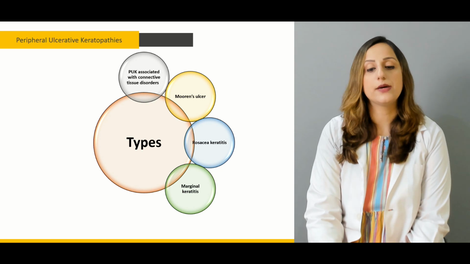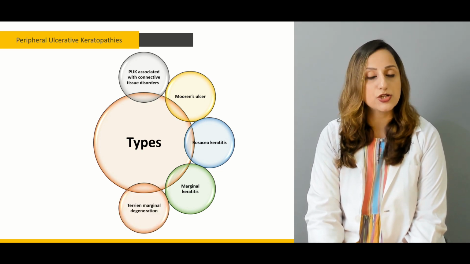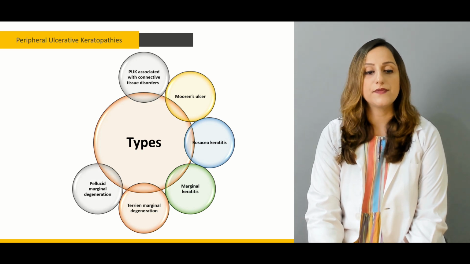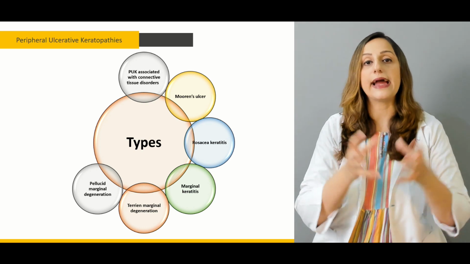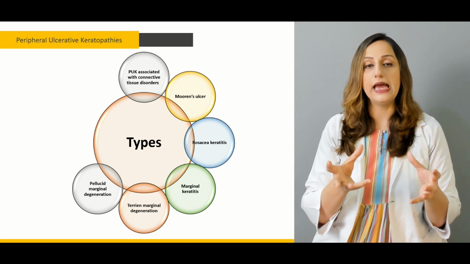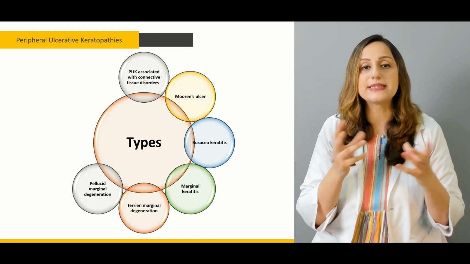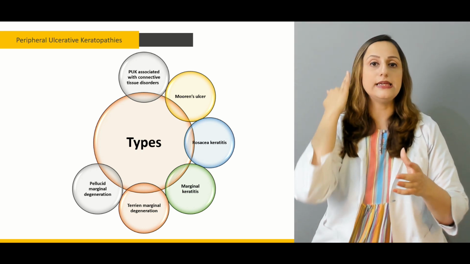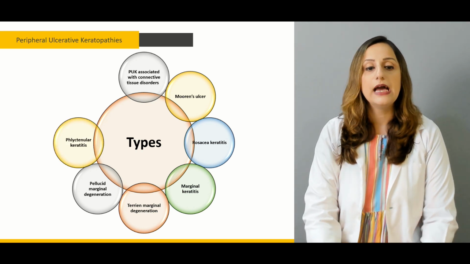Then we come across the marginal keratitises, the Terrien marginal degeneration, and the pellucid marginal degeneration. Whatever the kind of degeneration may be, you have to look at and appreciate the shape, the size, as well as the location of the development of the corneal ulcerations in these patients.